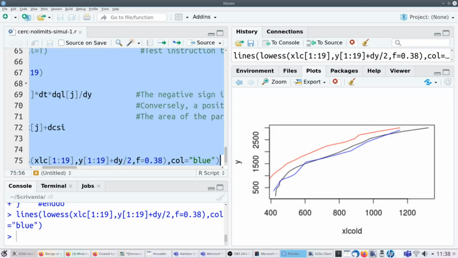In a few words, I can tell you that when you build a harbour, when you design a harbour, you have to estimate what is the effect of the harbour on the shoreline morphology.